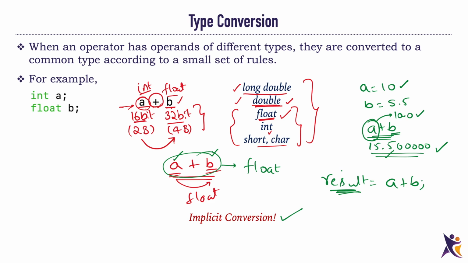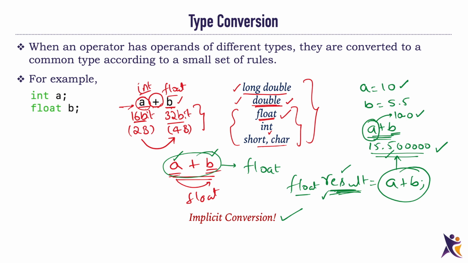The type of the variable result should be the same as whatever type this expression evaluates to. This expression gives 15.5, which is a floating point number, so the variable result should also be a floating point number, right? So float result is equal to a plus b. This is how you should have this expression.